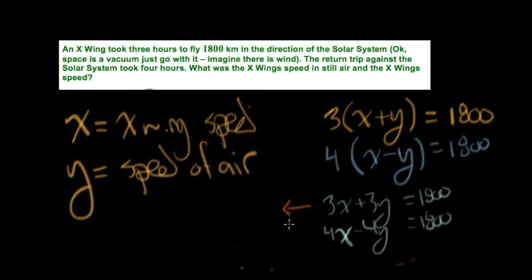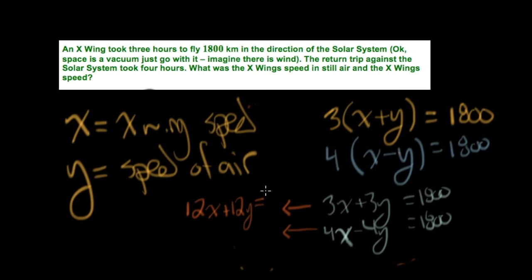And let's eliminate the x's, perhaps. So I'll make these all be 12, so I'll times this by 4. So this would be 12x plus 12y. 4 times 1,800 is going to be 7,200.